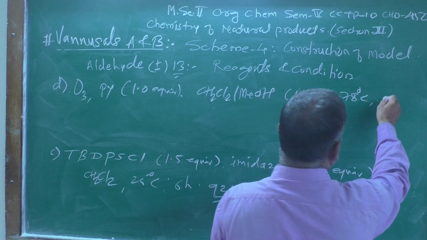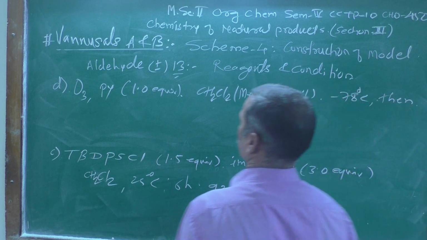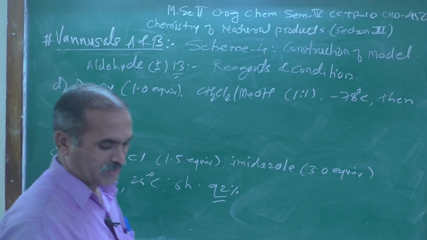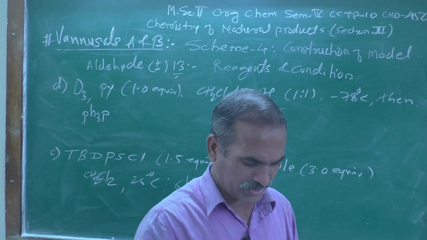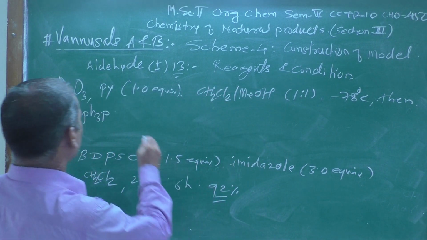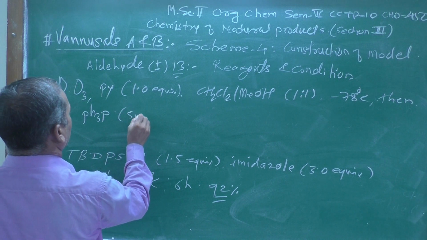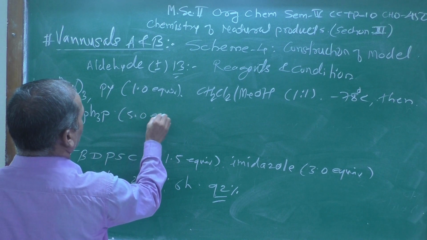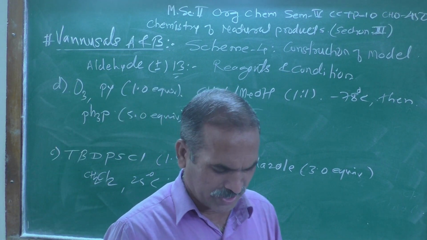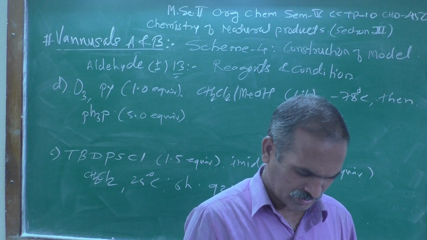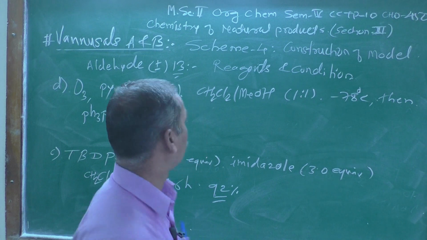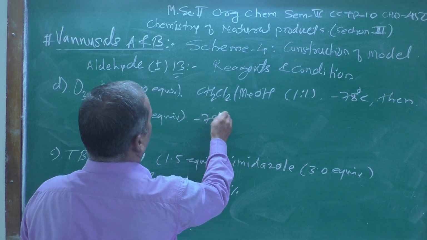Then PPh3, triphenylphosphine, is added. How much equivalent? 5.0 equivalent has been added, and the temperature is kept at -78 degrees centigrade.